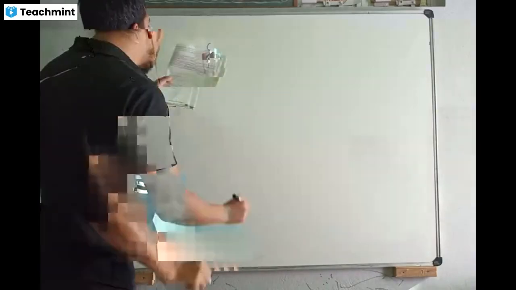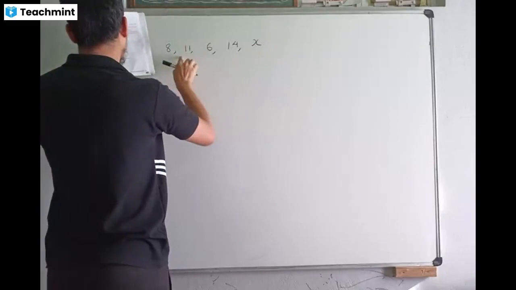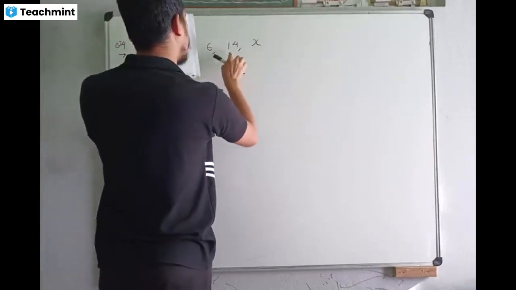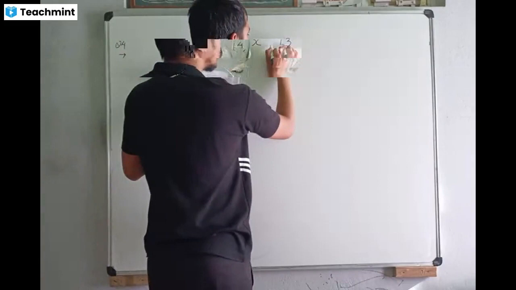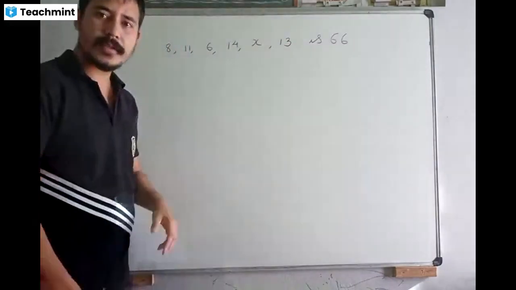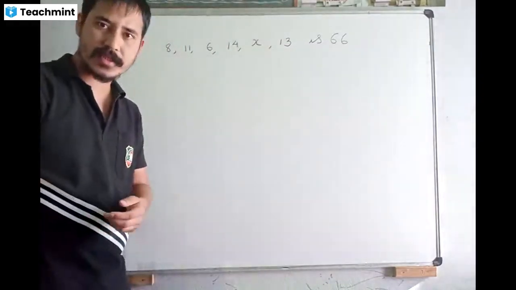The mean of the given items 8, 11, 6, 14, x, and 13 is 66. All this time, there is a twist in the question. There are some changes given here.